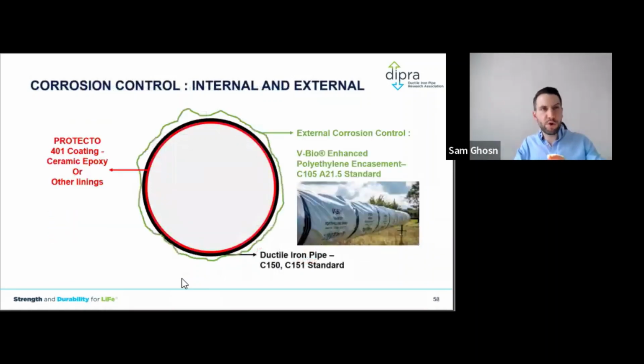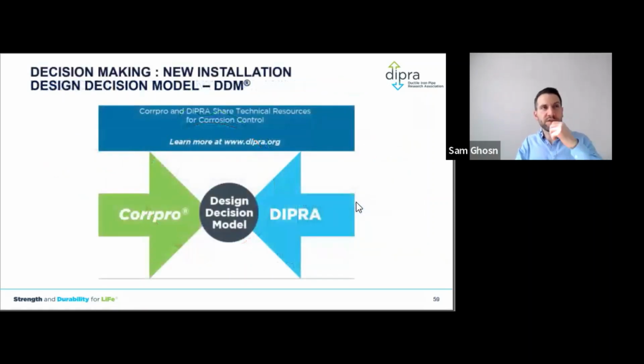So how about external corrosion? I told you polyethylene encasement is one great option. However, there are other types of corrosion control methods like zinc coating or cathodic protection. So how do we select the proper corrosion control on ductile iron pipe? In the past 2 decades, CorPro and DIPRA worked together, combining over 60 years of research and 60,000 data points, and we designed the design decision model.